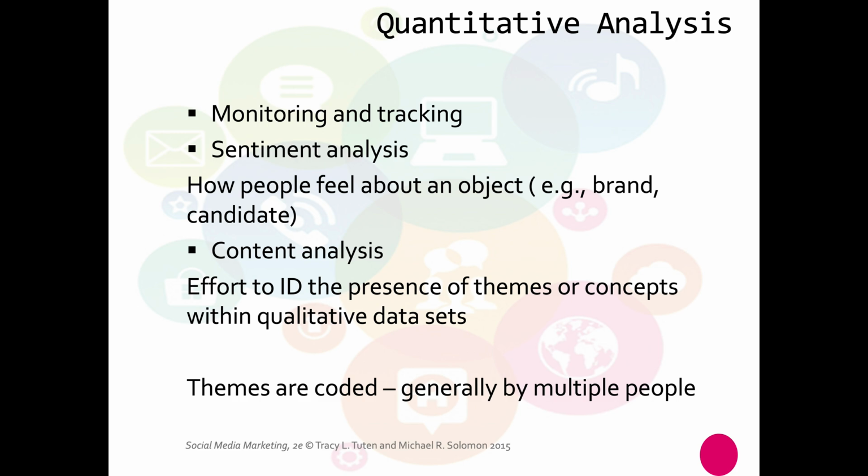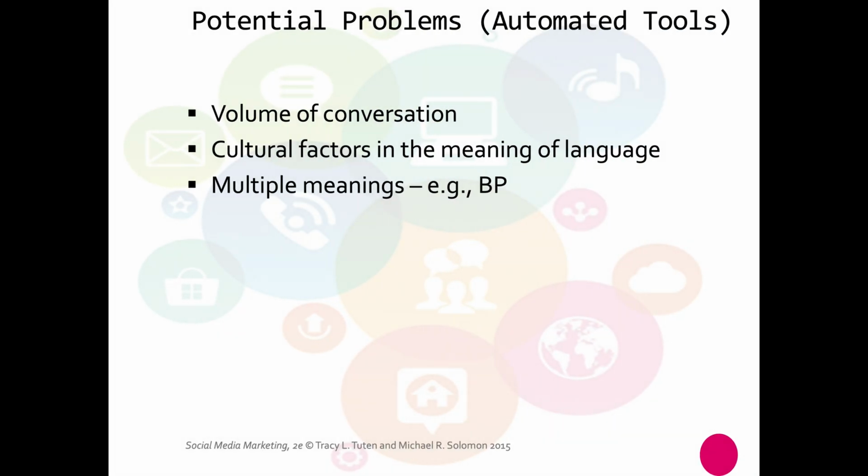And you think, well, why wouldn't it be correct? Because the software is expensive and it's built to do that. But as we will talk about here, there are issues with automated data scraping tools that researchers use for social media research.